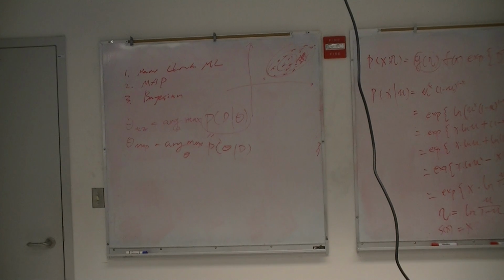We move this to this side, mu exp eta. And now we get exp eta times 1 plus exp eta is equal to mu.